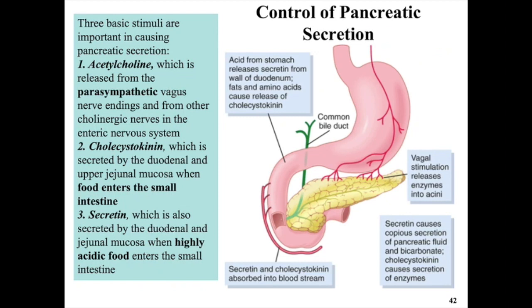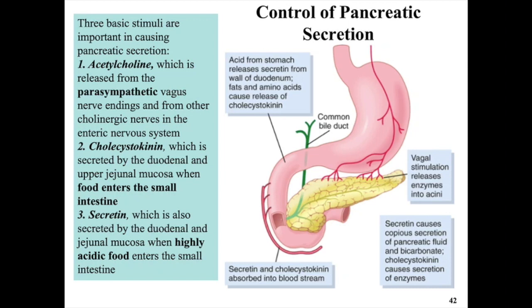So we have here a system that not only has secretion, but all that secretion has fluid and has enzymes. You saw a lot of pumps working, so this process is expensive. So we surely want to have this very tightly controlled. And so the control is done by local factors and systemic factors.